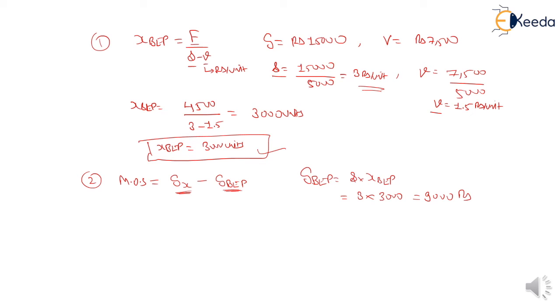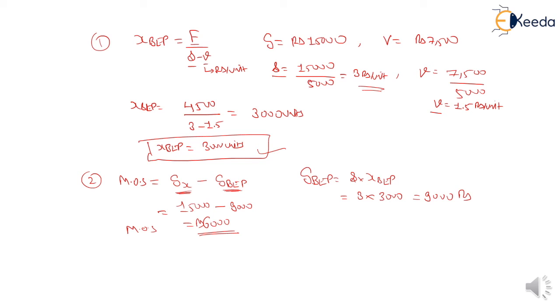And the total selling cost at full capacity given in the question is 15,000 minus 9,000, which is 6,000 rupees. Okay, 6,000 rupees is your answer. The margin of safety in rupees is 6,000 rupees.